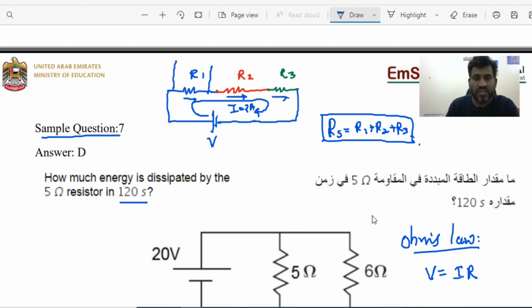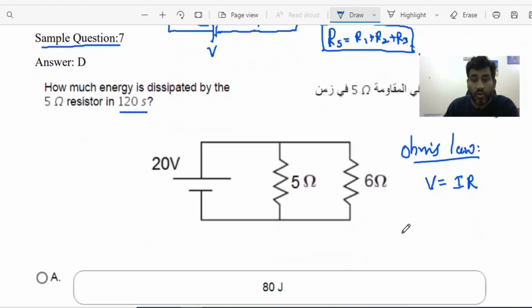So the voltage across this component I may write as V1, across this component V2, and across this component V3. So voltages are different and the current is the same in a series arrangement. Okay, so this is the important point to know when we are working with resistor, voltage and current arrangements. So now come back to our question here.